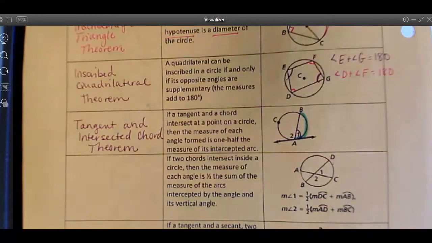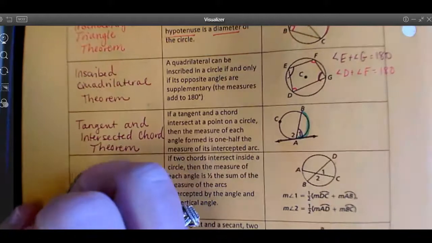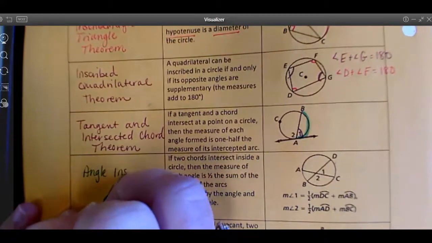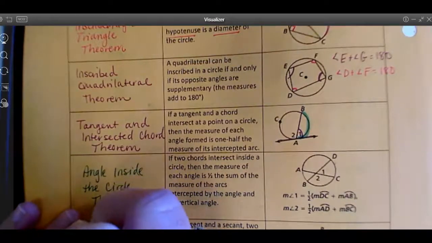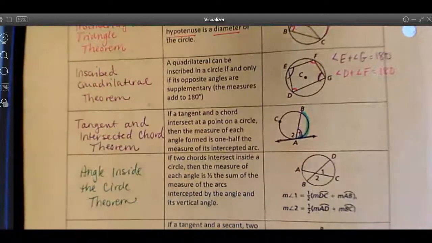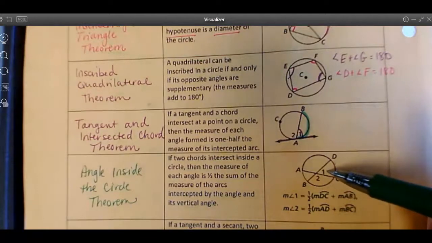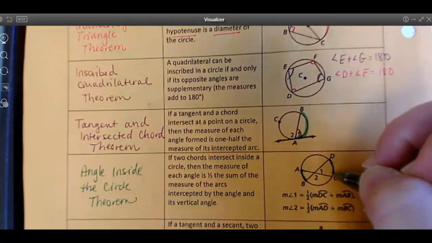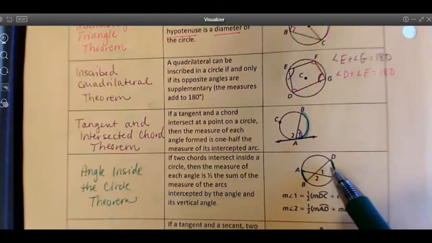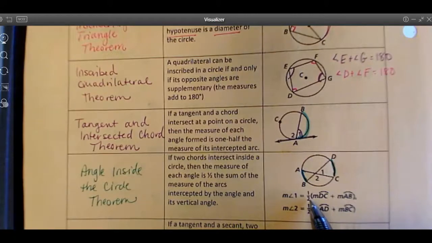The last two are just two more formulas that you have to know. So these are going to be really helpful for you as you're doing your work, because both of them are formulas. This is called the angle inside the circle theorem. Basically what it says is that if I want to find angle 1, I'm going to take these two arcs across from angle 1, add them together, and multiply by 1/2.